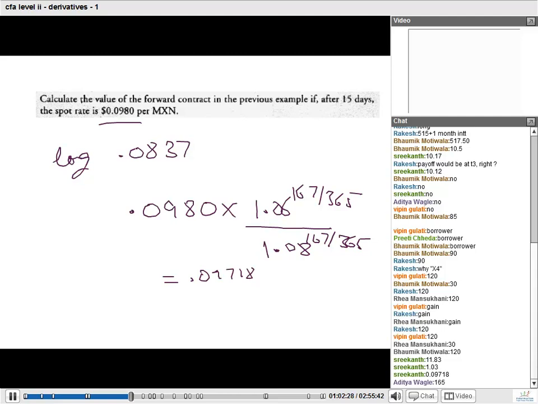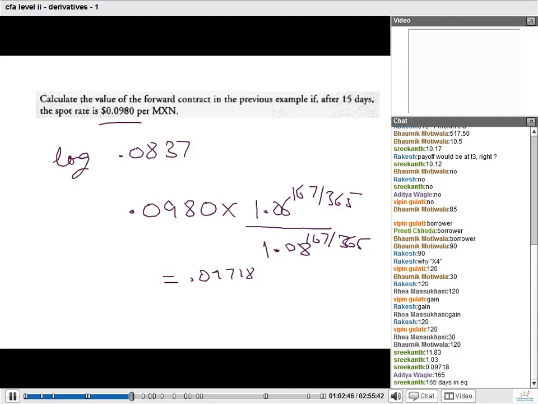So for $1, or for point, so the agreement that you have is that for a Mexican peso, you will get $0.0837.